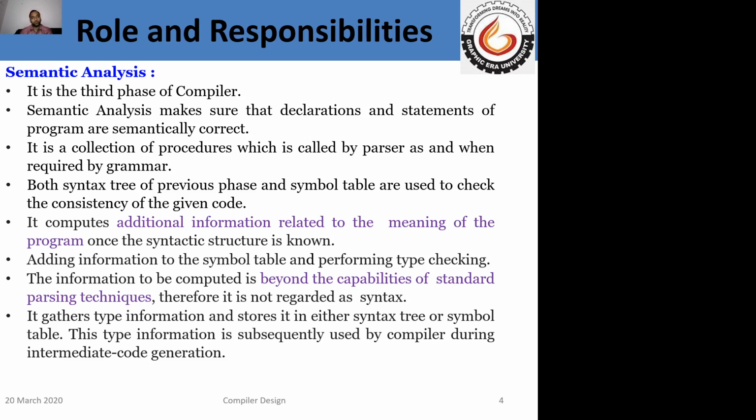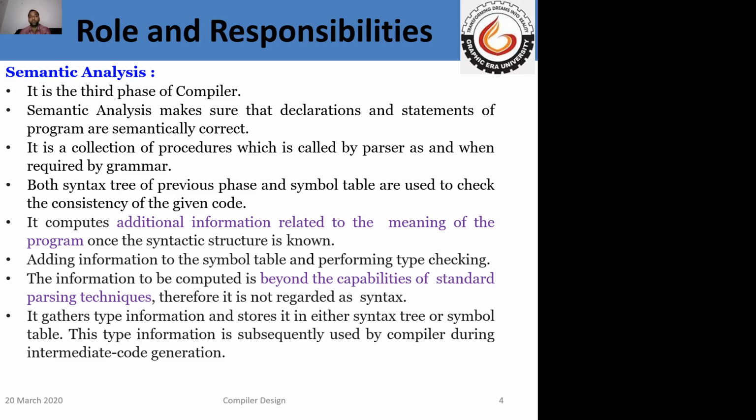The semantic analyzer is responsible for computing the semantic definitions for every declaration and statement of a program. The third point says the semantic analyzer is a collection of procedures, a collection of rules, which is called by the parser as and when required by the grammar's set of rules.